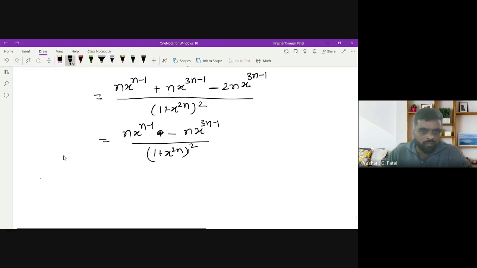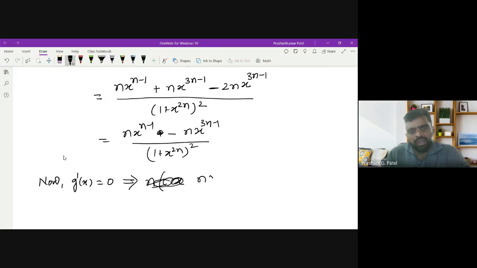Now, to find the stationary values, let's take g dash of x equal to 0. This implies the numerator will be 0. n is common, and if I take out n into x power n minus 1, then 1 minus x power 2n is left, that is equal to 0. n will never be 0, so x is 0 or x power 2n is 1.